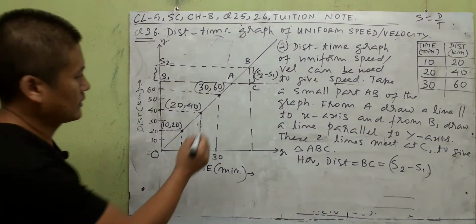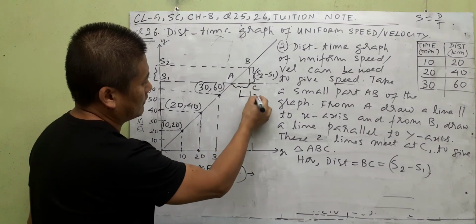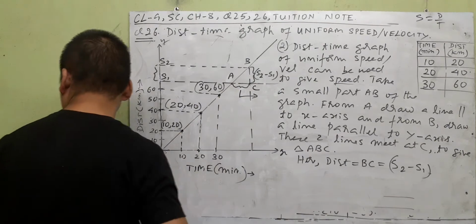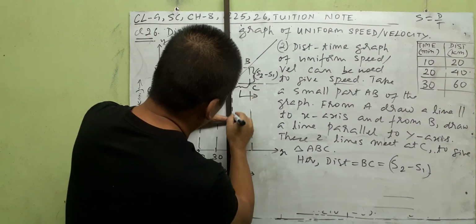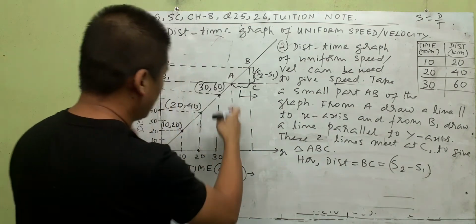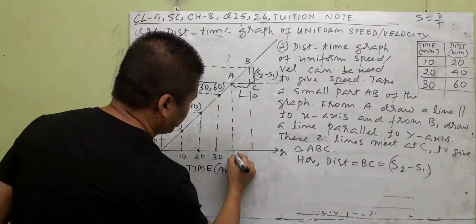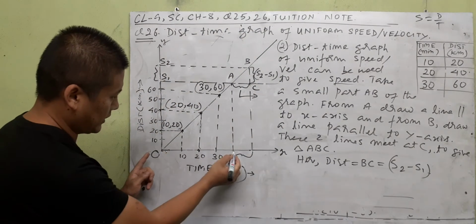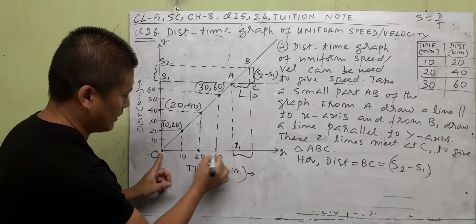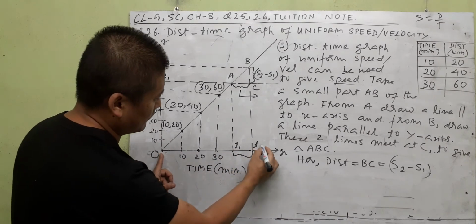Then how about this? Let us look at A to C. For that, you drop a line perpendicular to the x-axis, or parallel to the y-axis. So this portion is actually AC. From 0 to here is, let us say, T1, which is around 40 minutes, and here 50 minutes is T2.